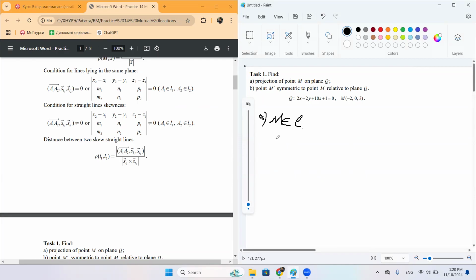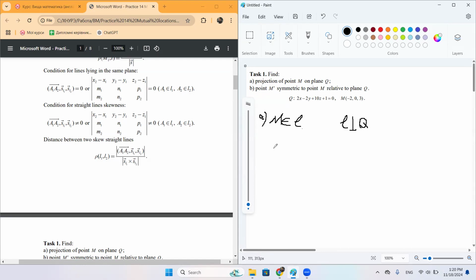We have plane Q and point M on this straight line. What else? We need to find a straight line that is perpendicular to the plane, not P, but Q.